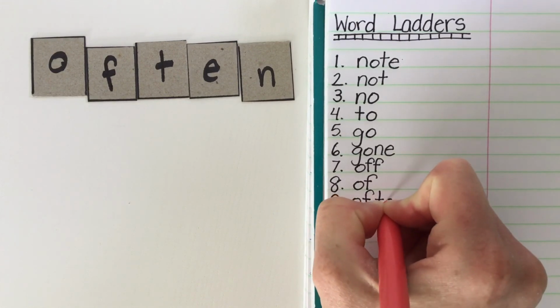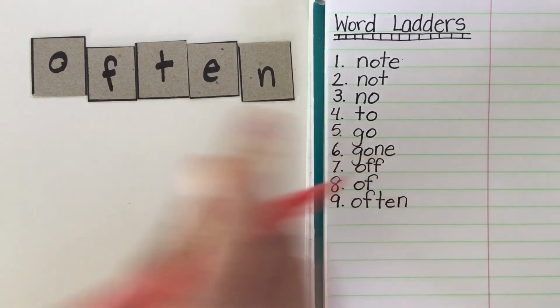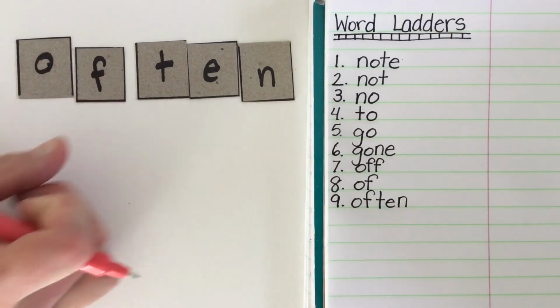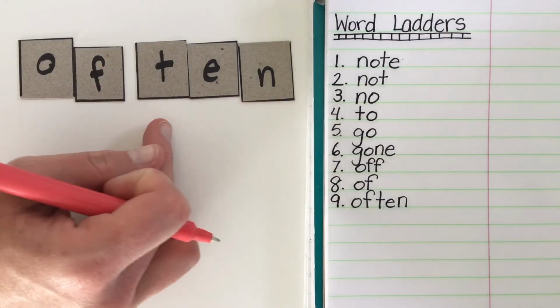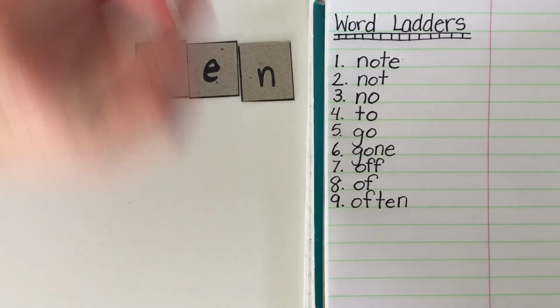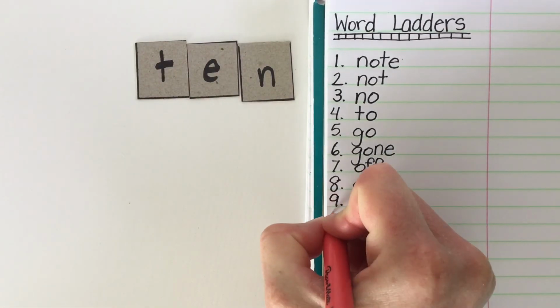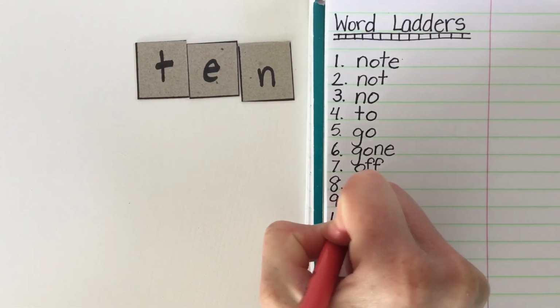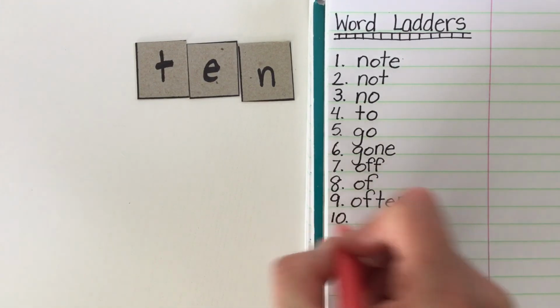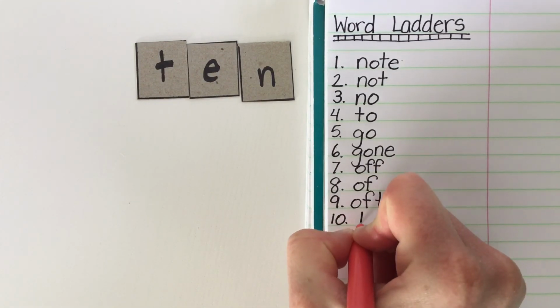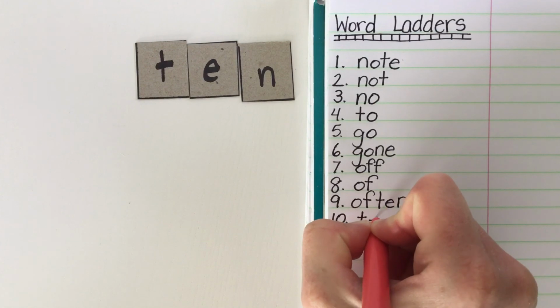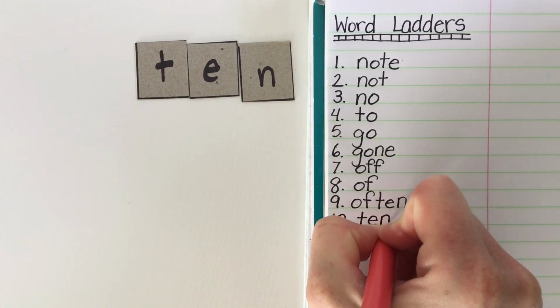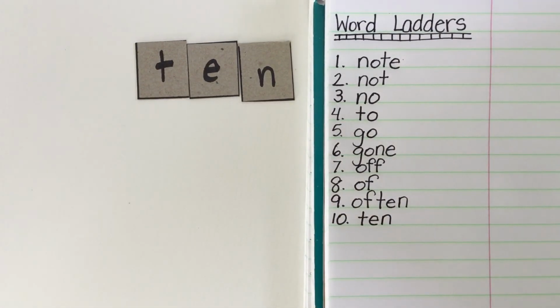Now I've already made the word of, just kind of this first part here. Do you see what this second part of this word is? I'm going to get rid of the O-F, and I am going to make my 10th word. Oh my gosh, this is very exciting. It's my 10th word, and my 10th word is T-E-N, 10. How cool is that?